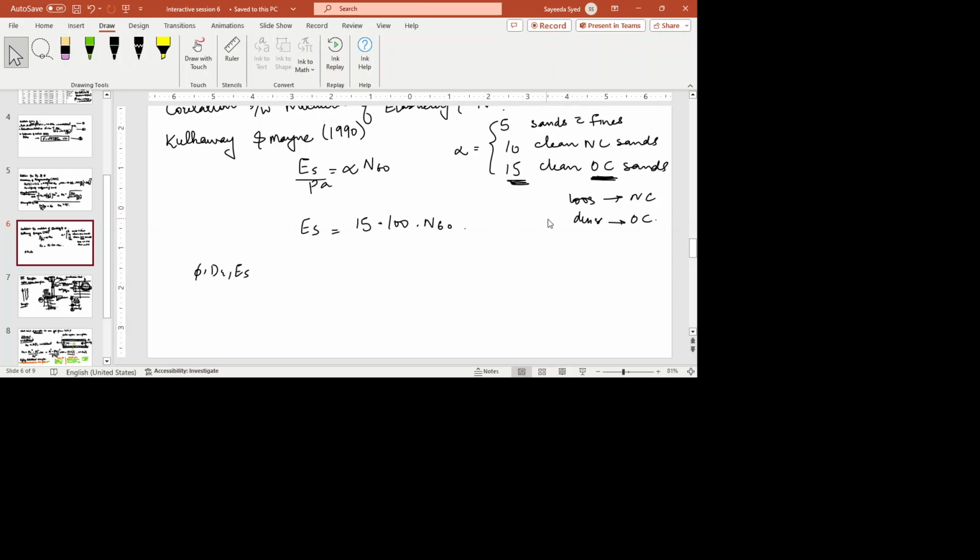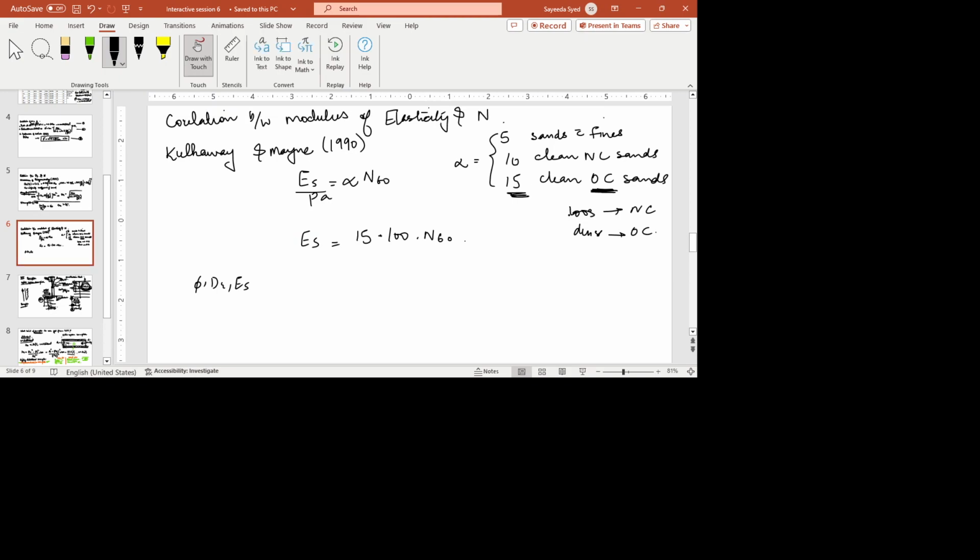So the unit will be same as the unit as Pa.